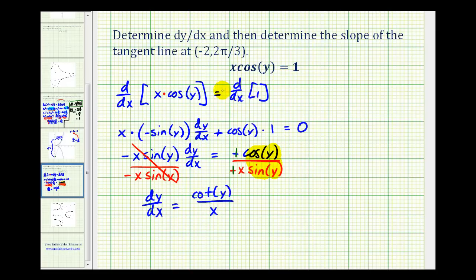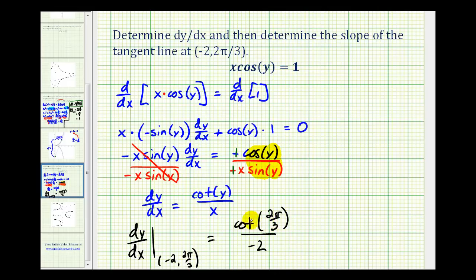To determine the slope of the tangent line at this point, we'll have to substitute x equals -2 and y equals 2π/3 into our derivative. So we'll have cotangent of 2π/3 divided by -2.